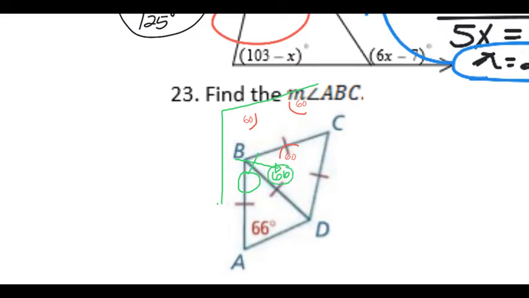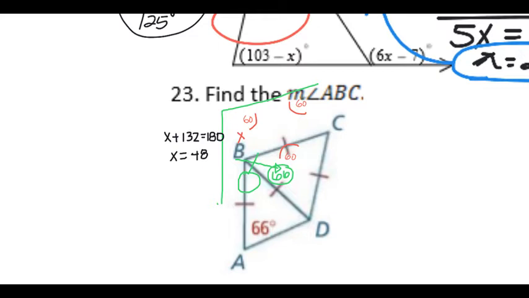That'll help us find our missing angle X. 66 plus 66 is 132, so we can set up an equation. X plus 132 equals 180, since it is a triangle and we know all the angles add up to be 180. If I subtract the 132 from both sides, then I know that X is equal to 48.